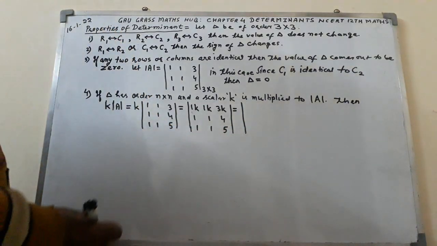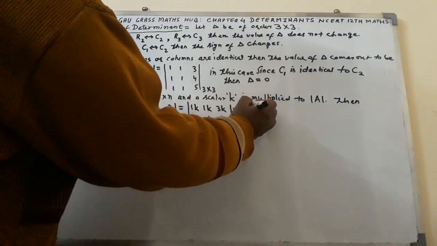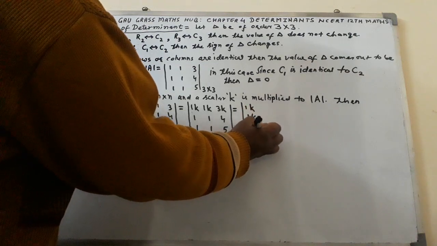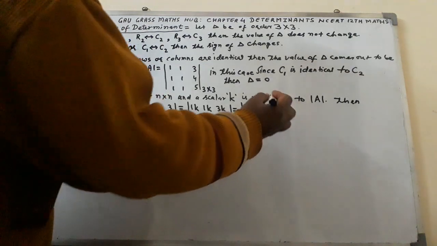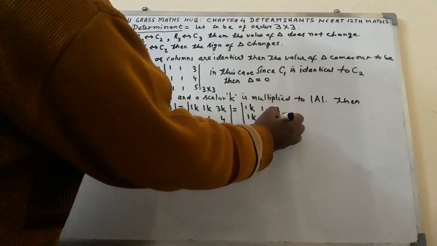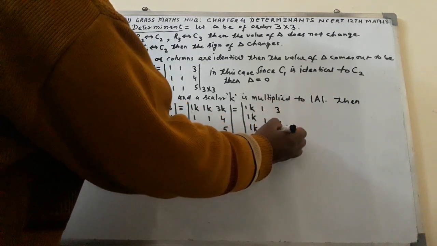This will be equal to k times the determinant with rows 1 1 3, 1 1 4, 1 1 5.